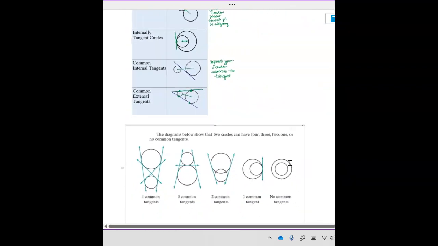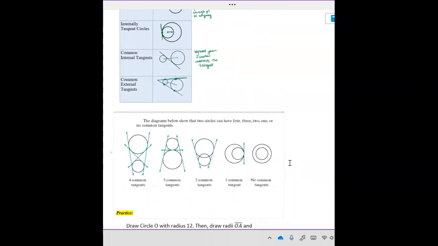Okay, so we have a few more diagrams with different tangents to take a look at. So here we've got two circles, and we've actually drawn 4 common tangents. You'll notice that these tangents here, those are internal tangents because they would cross or intersect that segment that joins the two centers, whereas these outside segments right here would be external tangents.